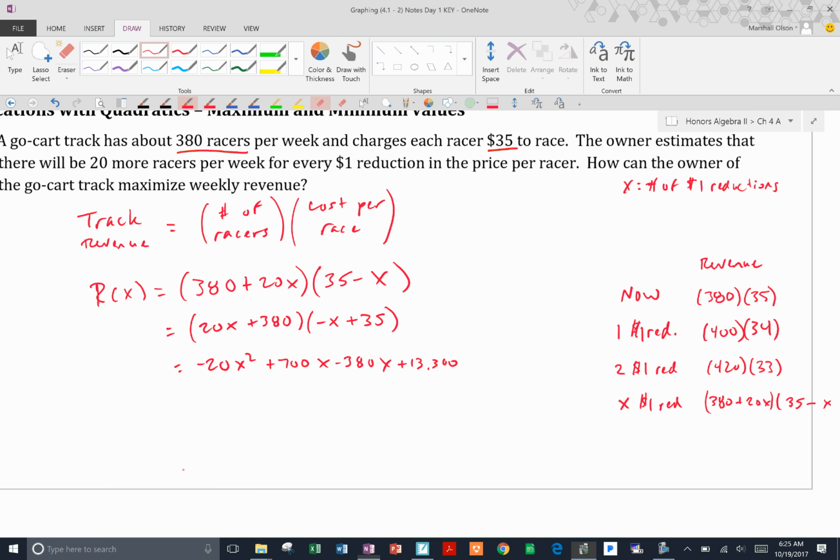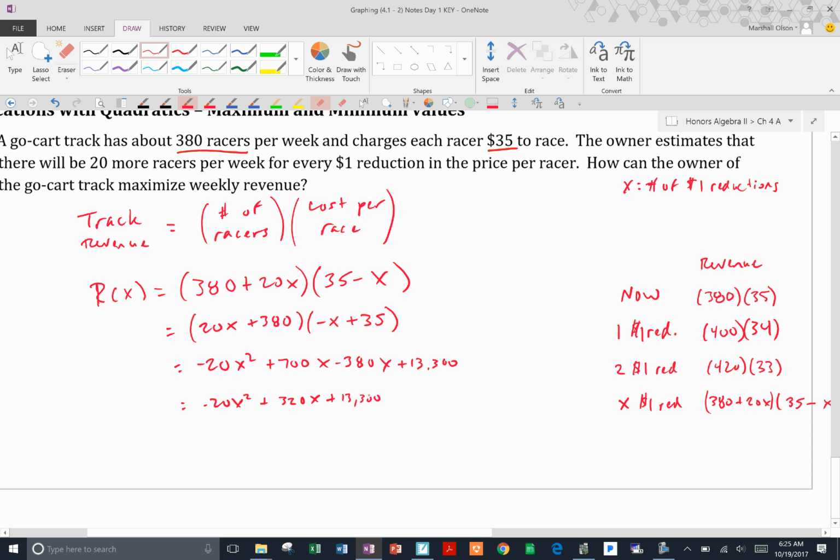Okay, so now we've got 700 minus 380 that we can simplify here in the middle. So that's going to be positive 320x, sorry about that. And then plus the 13,300.